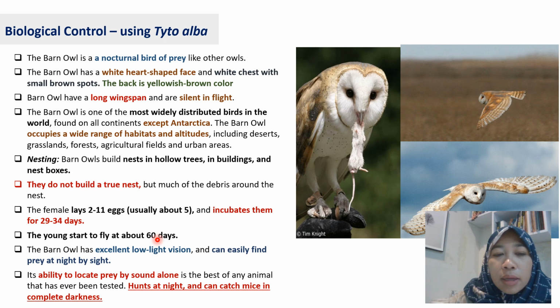So the young barn owl could start to hunt about 60 days after they are born. The barn owl has excellent low light vision. They can easily find prey at night by sight. Yeah? And even in complete darkness, they can hunt a rat.